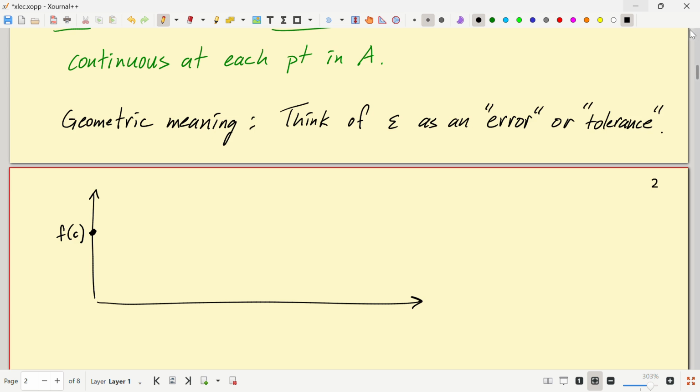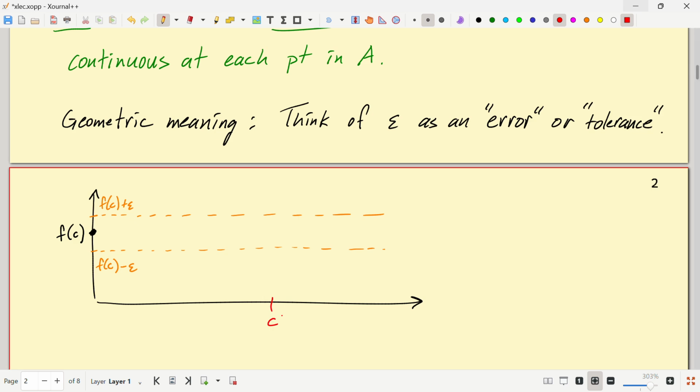So I'll make a dotted line here of plus epsilon, and a dotted line of minus epsilon. Okay, so this top one would be f of C plus epsilon, and the bottom one would be f of C minus epsilon. And here's C.